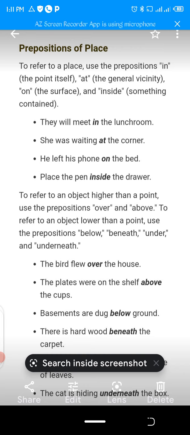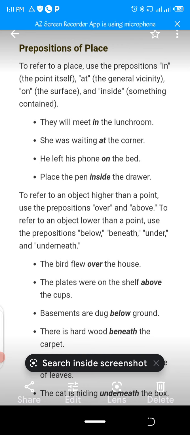To refer to an object higher than a point, we use the prepositions over and above. To refer to an object lower than a point, we use the prepositions below, beneath, under, and underneath. For example, the bird flew over the house. This is showing that the bird is at a position higher than a point, higher than the house.